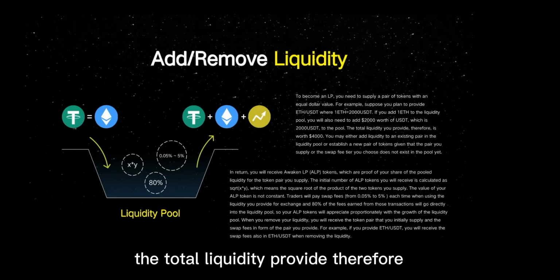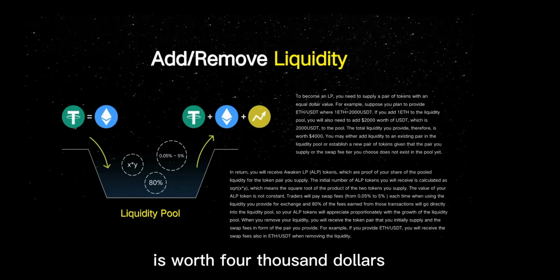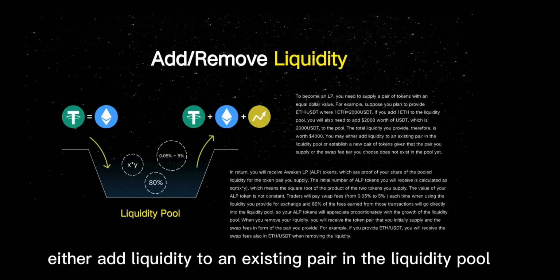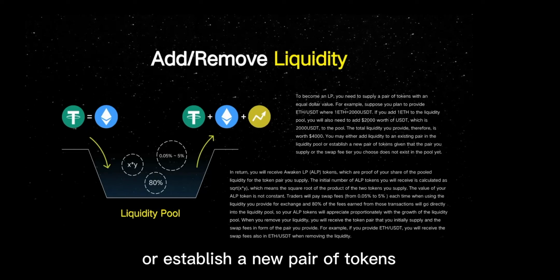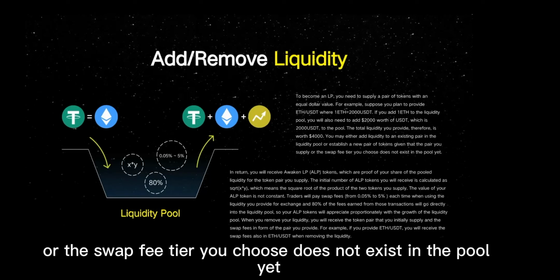The total liquidity you provide, therefore, is worth $4,000. You may either add liquidity to an existing pair in the liquidity pool or establish a new pair of tokens, given that the pair you supply or the swap fee tier you choose does not exist in the pool yet.